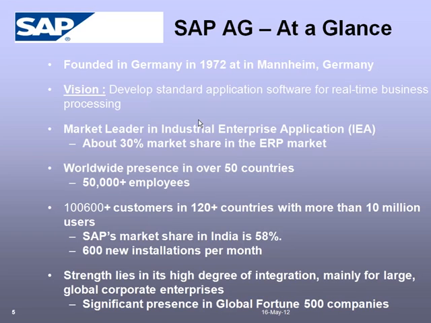The cross-company, cross-module and cross-process integration is very, very tight and secure. That's the reason for SAP's success. It has a significant presence in global Fortune 500 companies, meaning a majority of them are running their business on SAP systems.